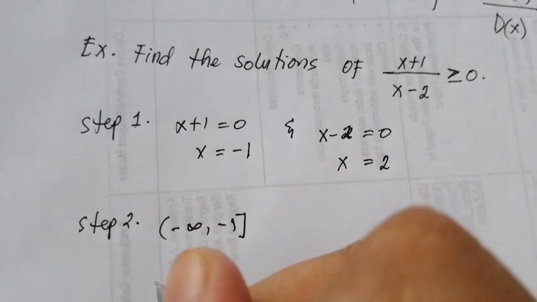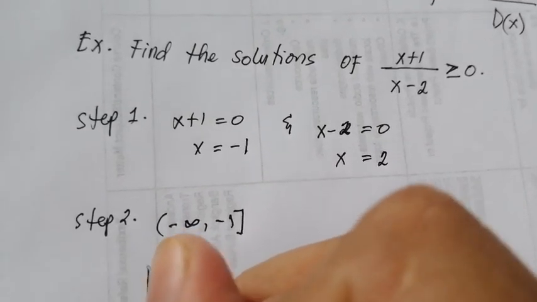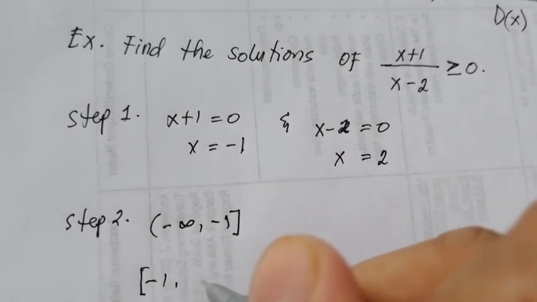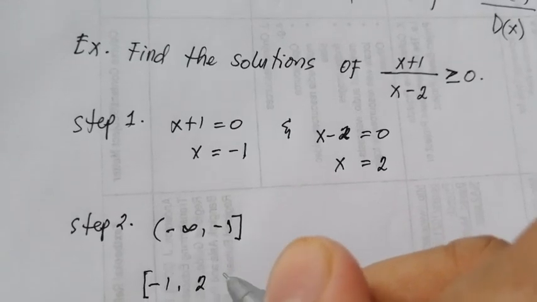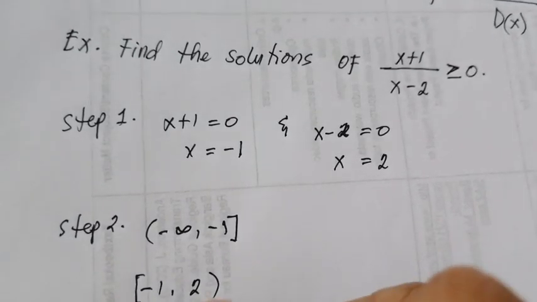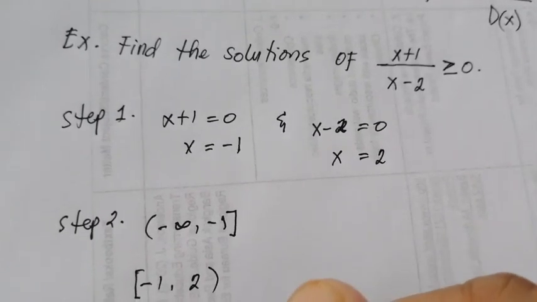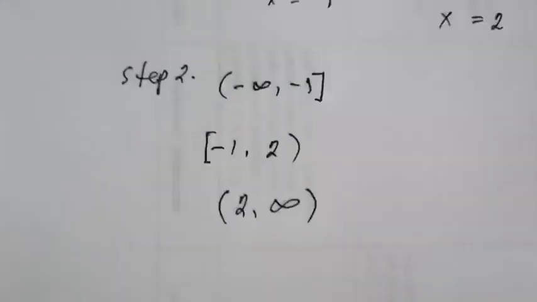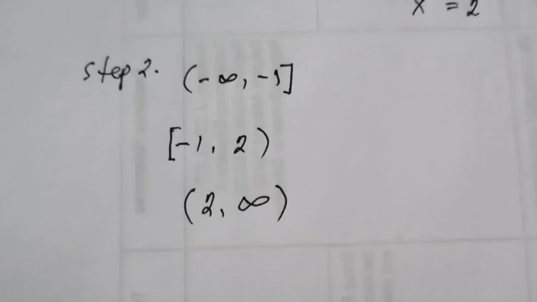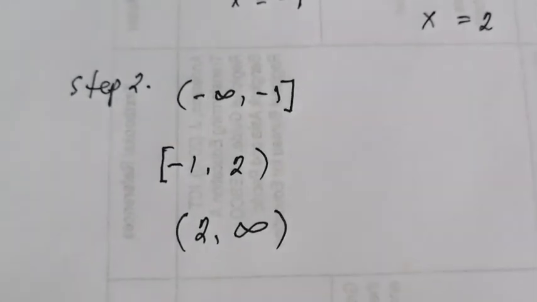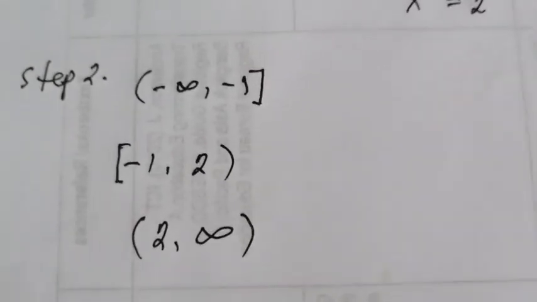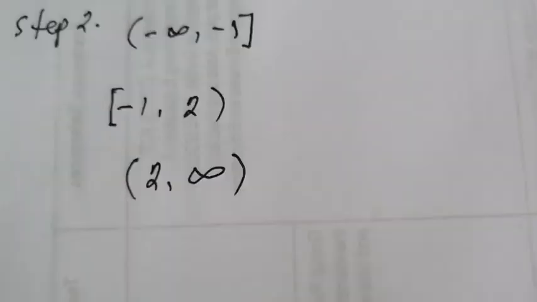We have negative 1 comma 2 and positive 2 comma positive infinity. So kung mapapansin niyo, meron siyang dalawang grouping symbols na magkaiba, the parentheses and the bracket. So anong ibig sabihin yan?